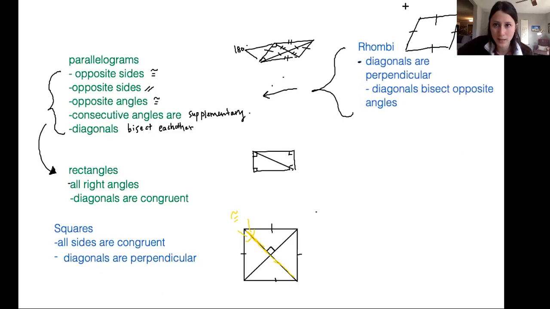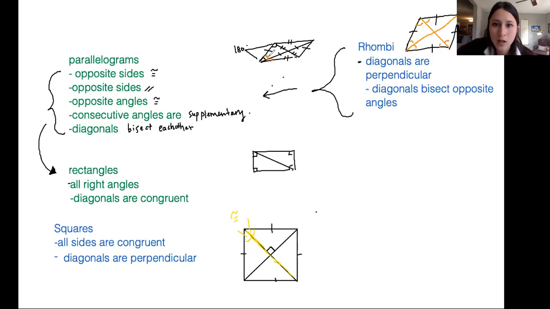So if I had a diagonal here, use it in orange, and it cuts through, it actually slices through and creates the same measure for these two angles. It bisects the angles. And same here, if I have a diagonal cutting through here, these are bisected. Okay, that's not necessarily true about a parallelogram because these angles might be different.